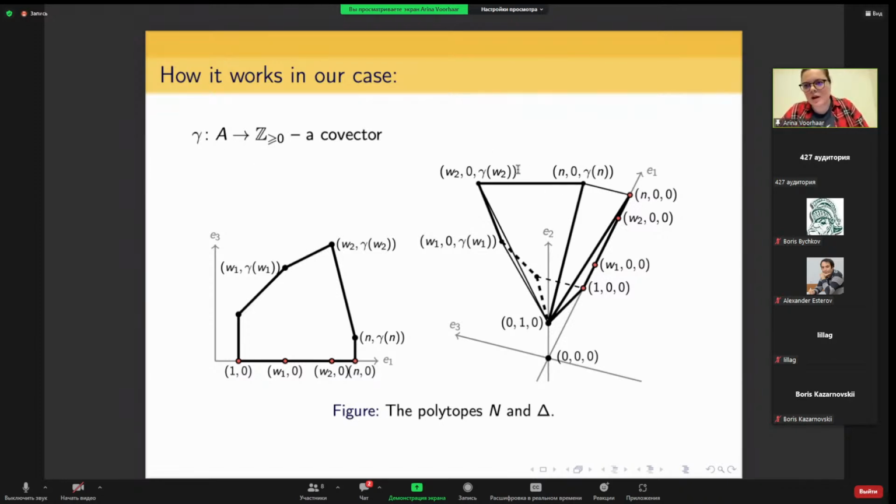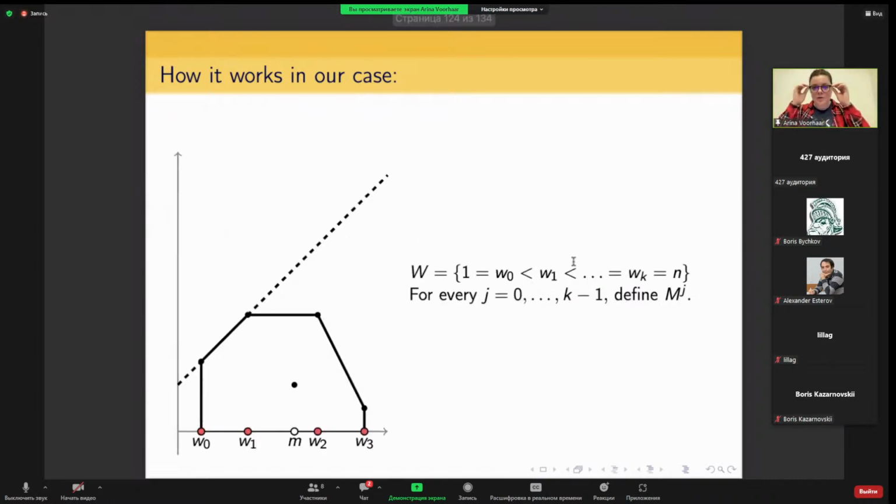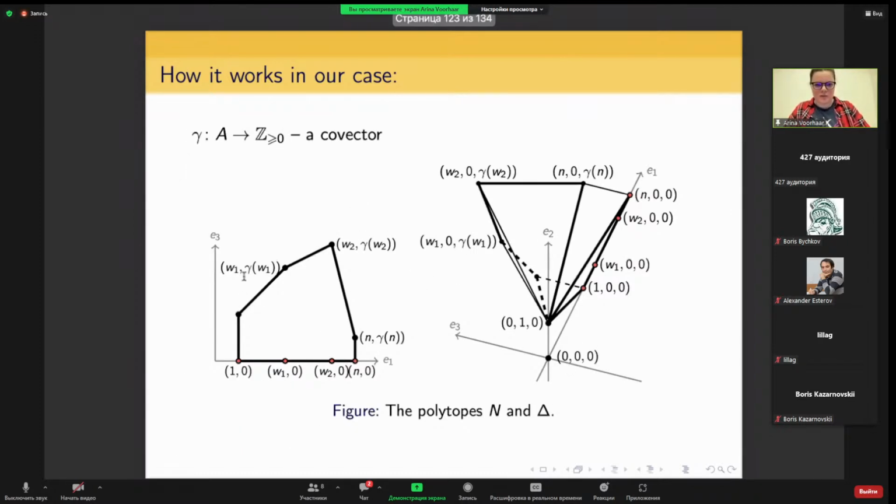So basically, we would have to deal with all sorts of those sequences I gamma for facets of the polytope delta, which is this pyramid. And I can reformulate this combinatorial data in terms of the planar picture, that's even better.